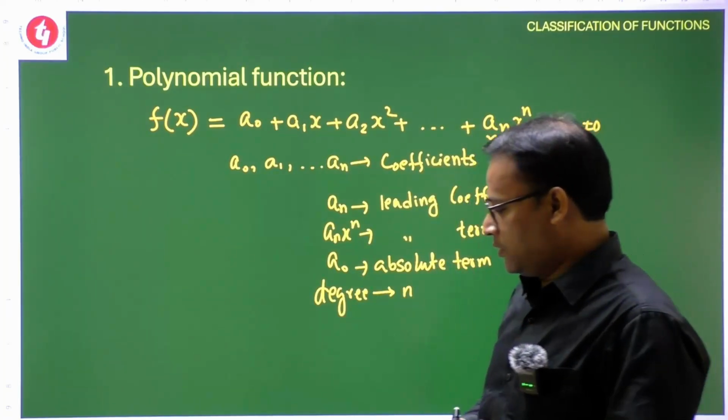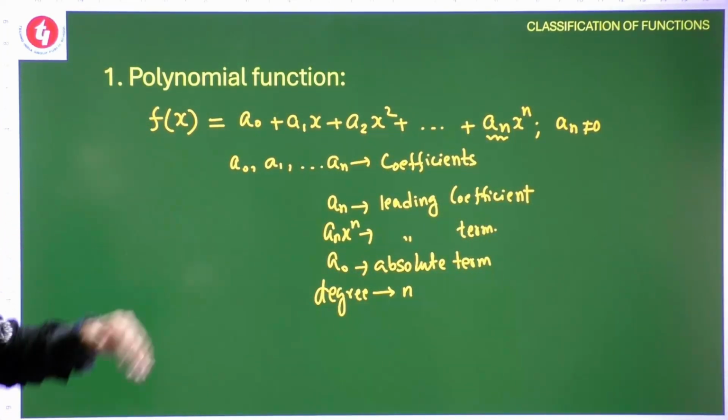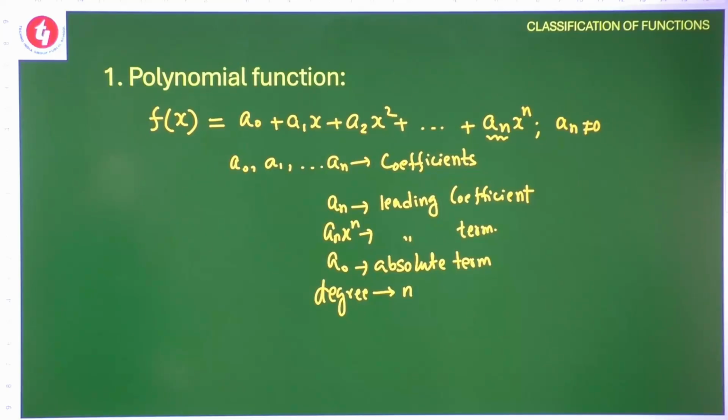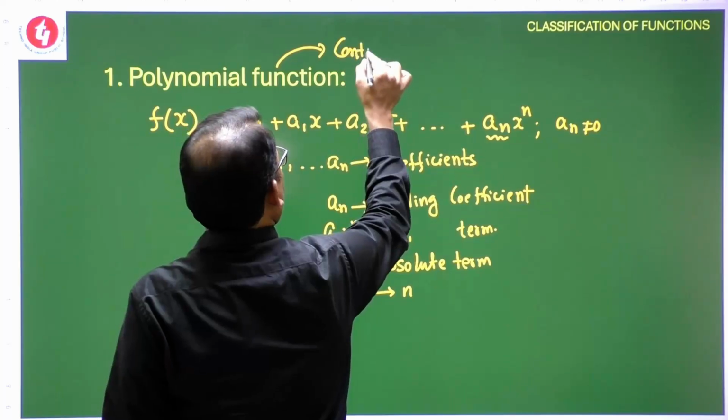Okay, now every polynomial function is a continuous function.